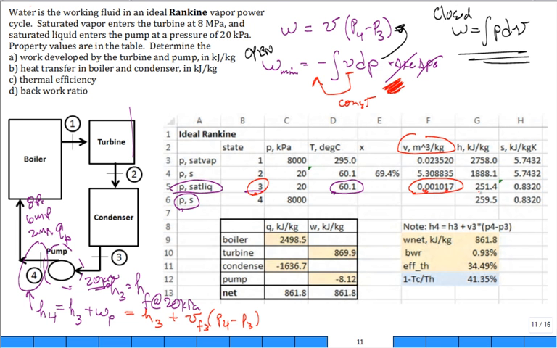Then I use that, multiply by the delta P, and I get that specific work. In this case, I kept the sign on it so that it's consistent with the sign convention, so it's a negative work of the pump. But when I add it, you boost. h4 is 8.12 kilojoules per kilogram greater than h3.